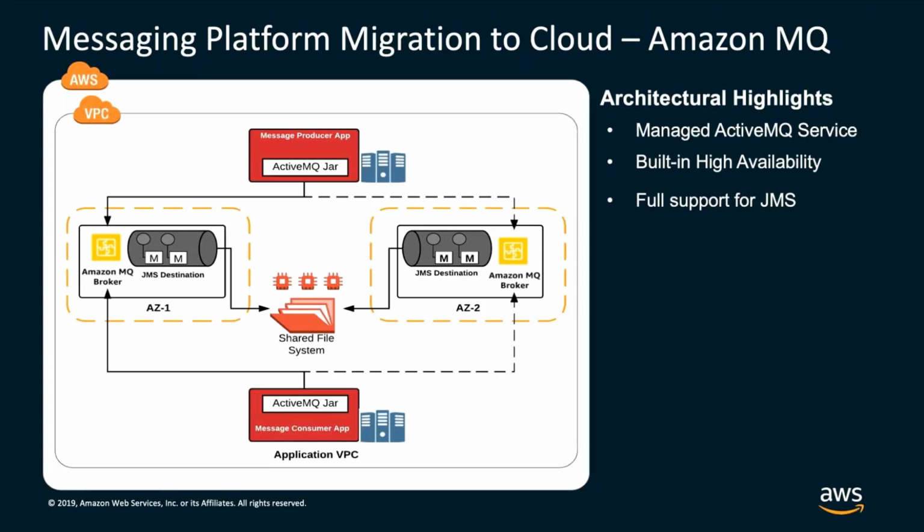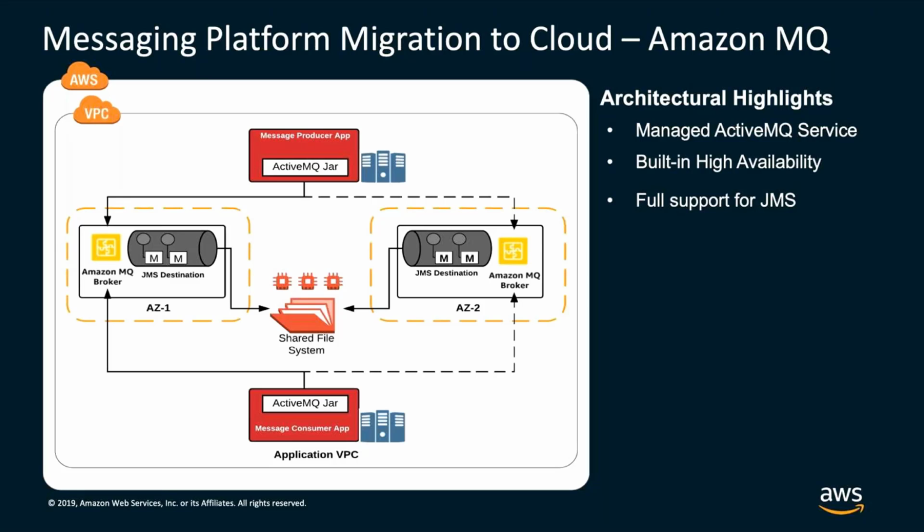They are not using an Amazon MQ jar, and that's key for cloud portability as well, right? Because at any point in time, if you want to build an application on some other cloud provided by other vendors, or in your data center, your producer and consumer applications and their logic do not change. So that's one of the key things.